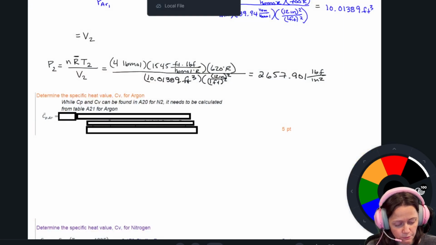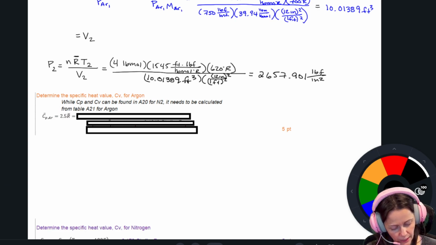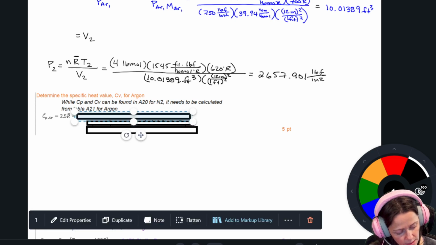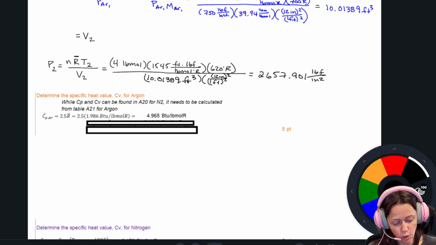And so with that information, that little piece of information, 2.5 times R bar, or 5/2 times R bar, was in table A21. And so the next thing I did is, okay, 2.5 times 1.986, that would give me 4.965 BTU per pound mole degree Rankine. Of course, they wanted our Cv value.